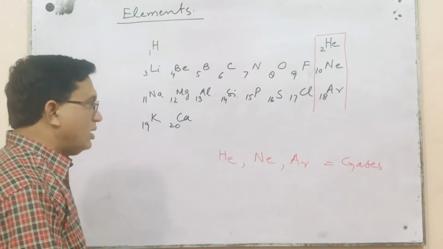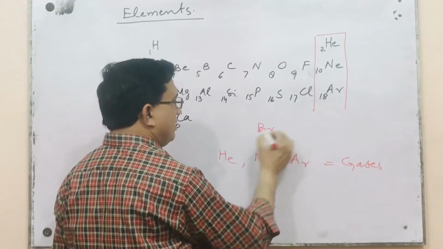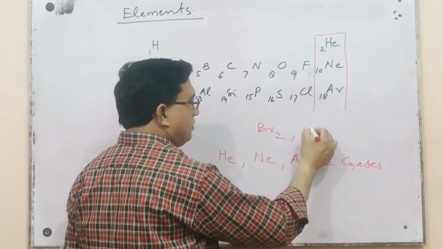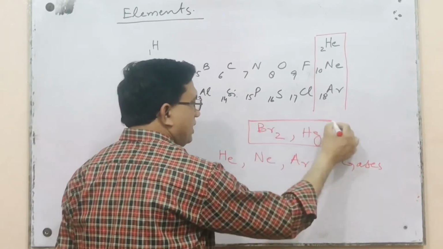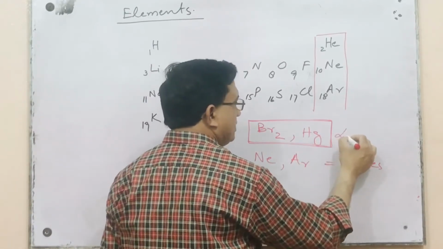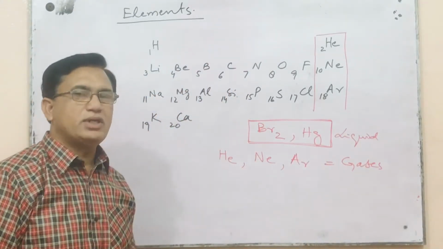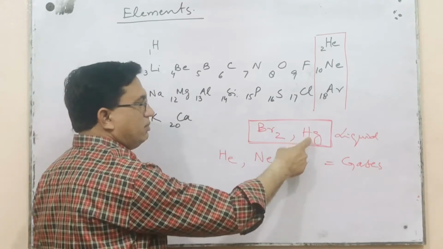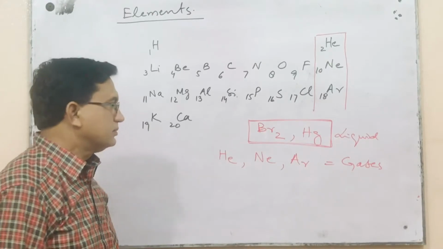Those 2 elements are bromine, Br2, and mercury, Hg. These are liquid at normal conditions of temperature and pressure. Bromine and mercury are the two liquid elements present in the periodic table.